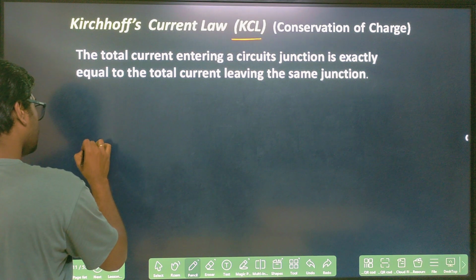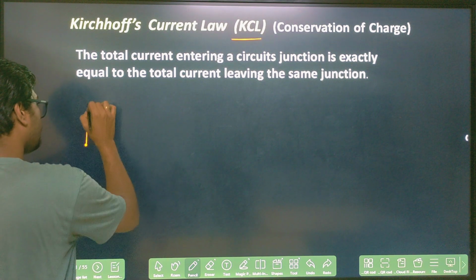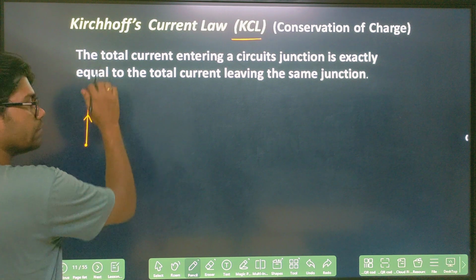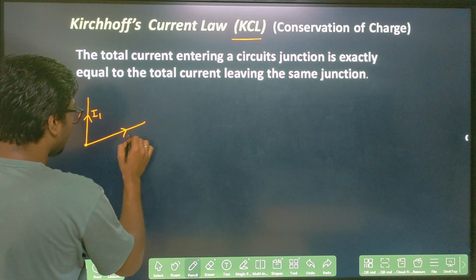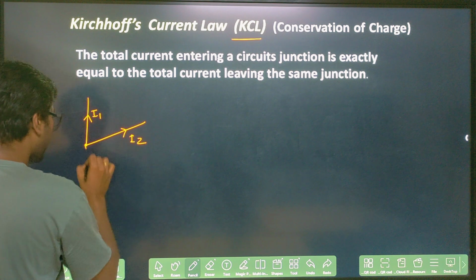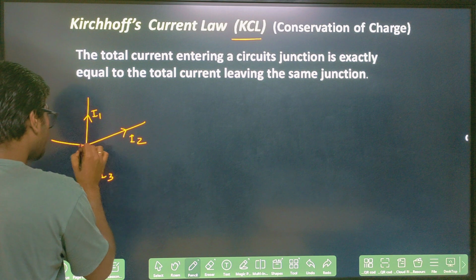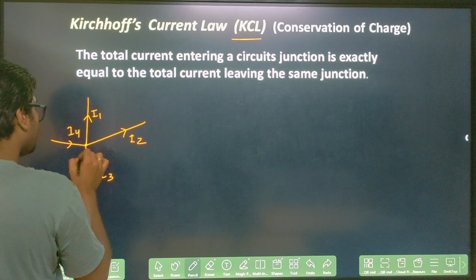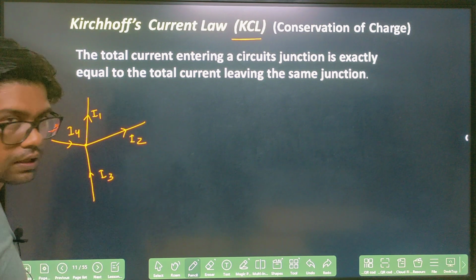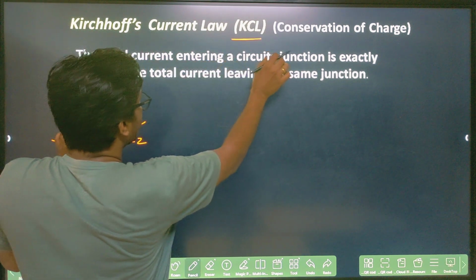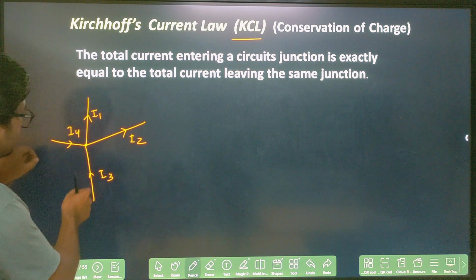So let's say this is a junction, and from this junction, this is I1 current going out, I2 current is going out, I3 current is coming in, and I4 current is coming in. So you will say that total current entering a circuit junction: how much current is entering here?